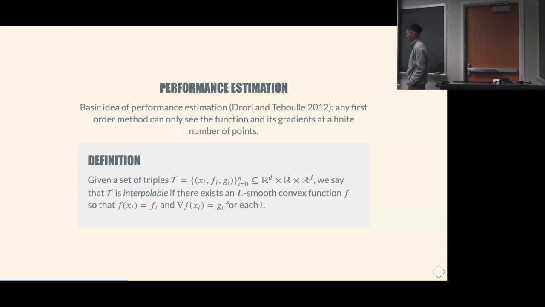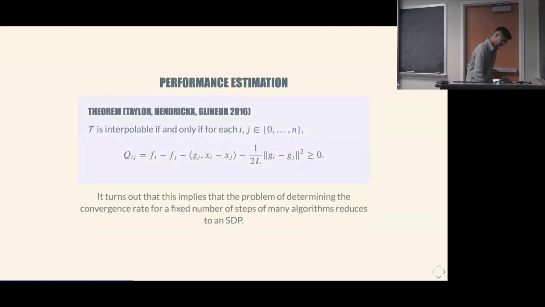We say that the set of triples is interpolable if there actually exists an L-smooth convex function which agrees with those values and those gradients. And a theorem from 2016 gives us necessary and sufficient conditions for a set of triples to be interpolable.